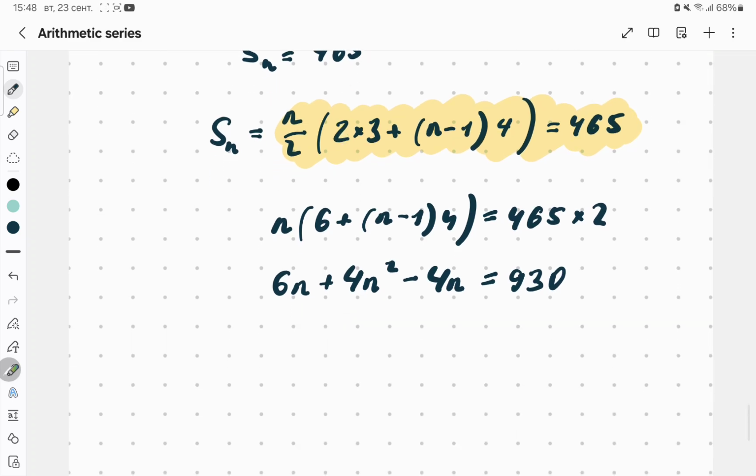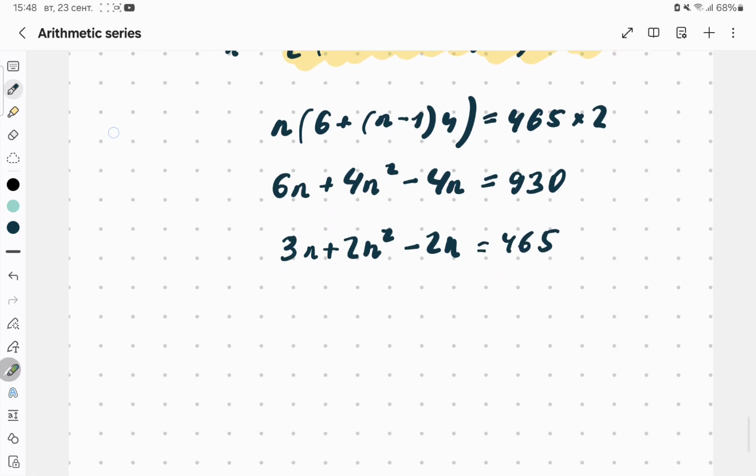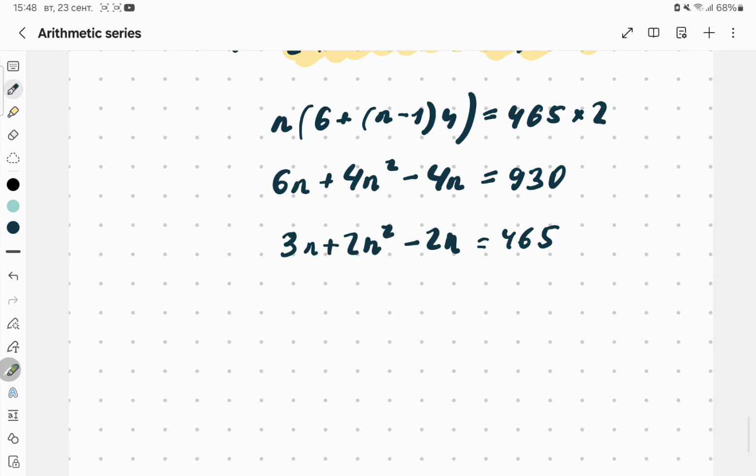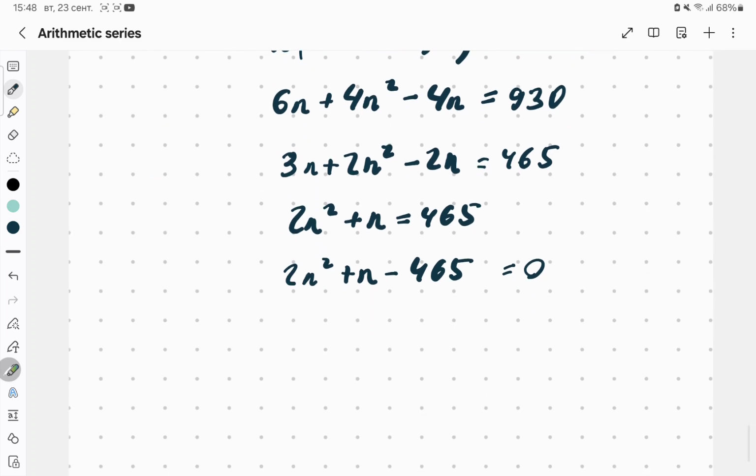Okay, now everything is divisible by 2, so let's divide by 2. So 3n plus 2n squared. So it doesn't matter how you solve. You can even use a calculator. It's not the point here. The main idea is to understand how this formula of arithmetic series works. 2n squared plus n equals 465. So 2n squared plus n minus 465 is equal to 0.